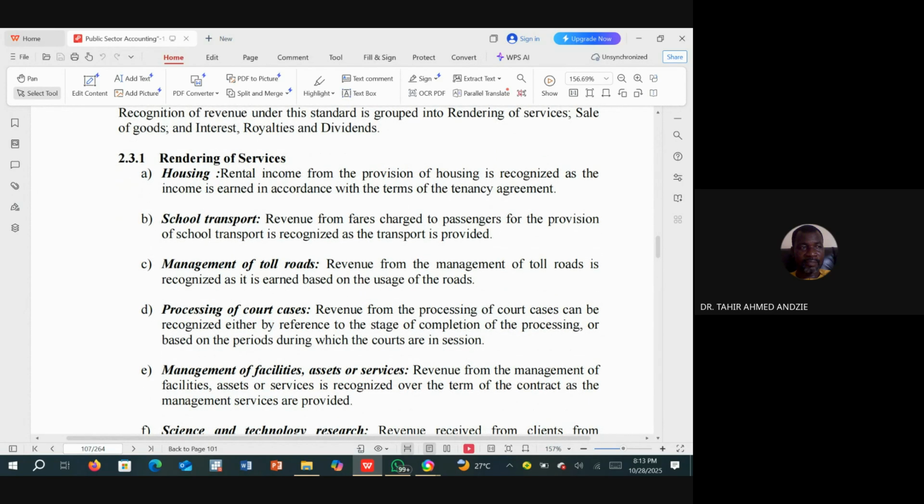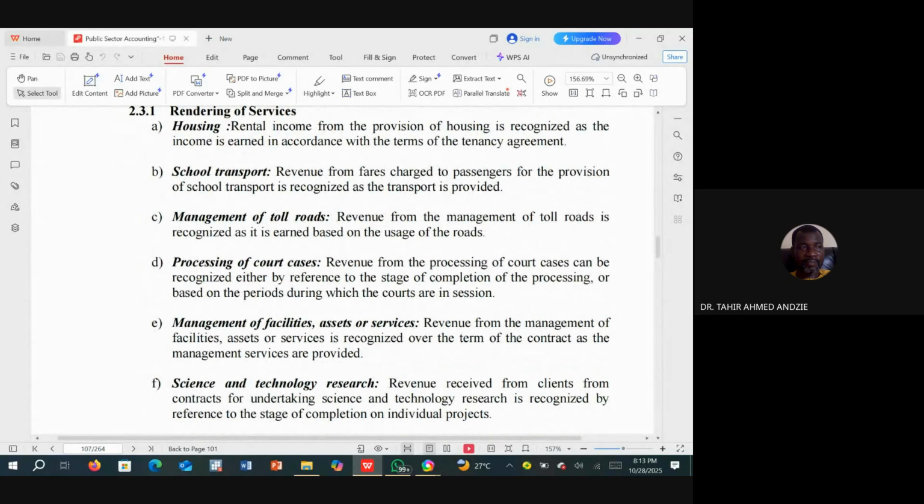When it comes to housing, for example, rental income from the provision of housing is recognized as the income is earned in accordance with the terms of the tenancy agreement. When it comes to transport, revenue from the fares charged to passengers for the provision of school transport is recognized as the transportation is provided.